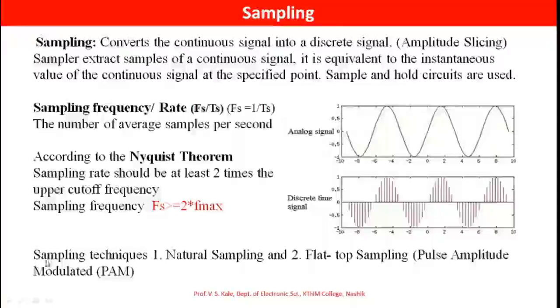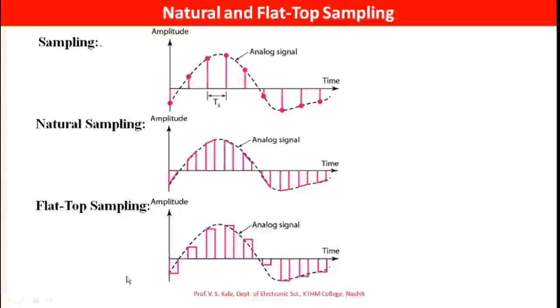There are 2 types of sampling techniques. First, natural sampling, and second, flat top sampling, that is pulse amplitude modulation. Now see the difference between natural and flat top sampling.